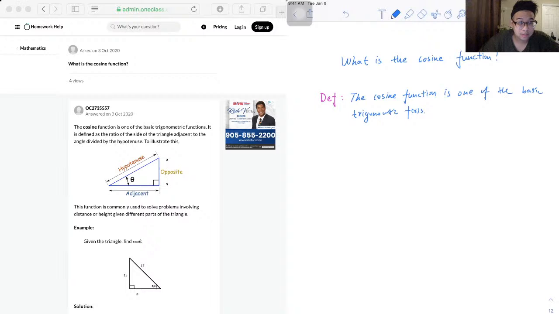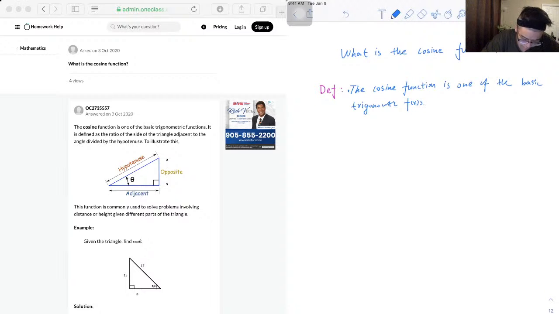And it is defined as the ratio of the side of the triangle adjacent to the angle divided by the hypotenuse. So, second point, it is the ratio of the side of the triangle adjacent to the angle divided by the hypotenuse.